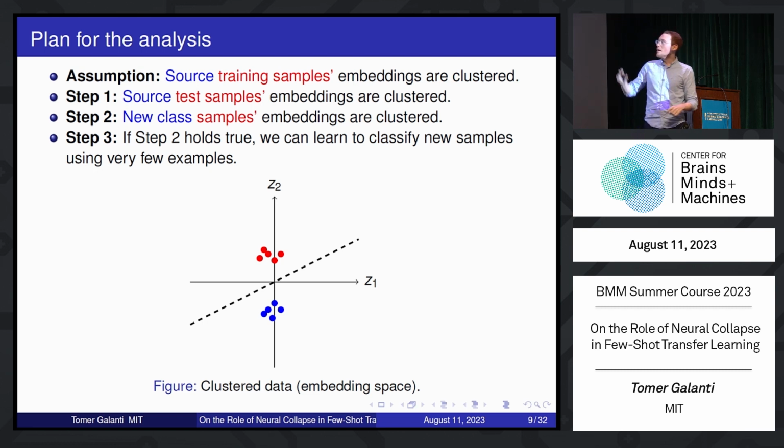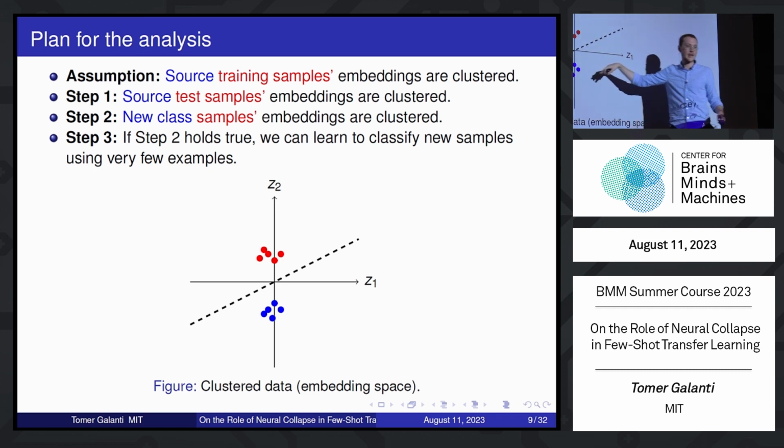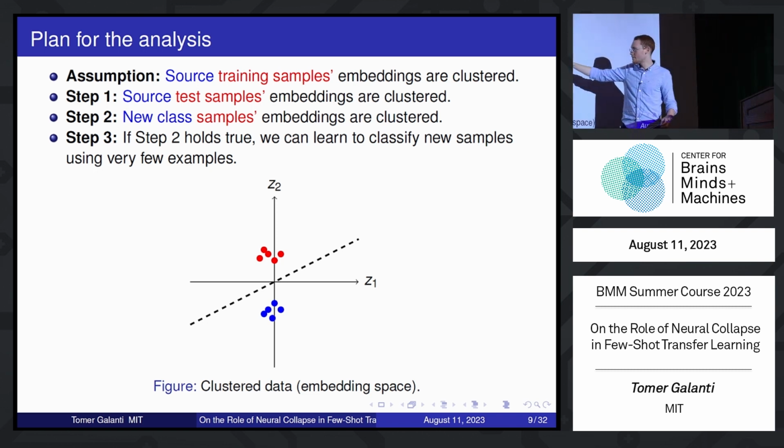And then the idea is that if I achieve this clustering, if it's true, then I don't need to see many samples to train a classifier on top of this embedding space. I know that these two classes are clustered in their embedding space.